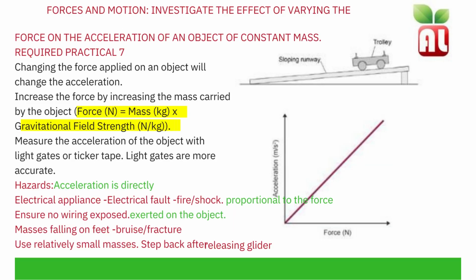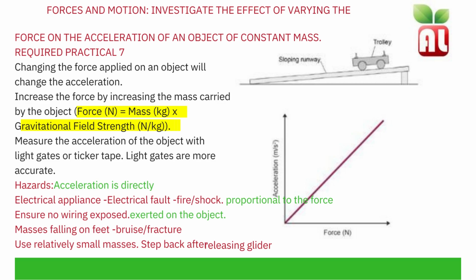Investigate the effect of varying the force on the acceleration of an object of constant mass. Required practical. We will use a trolley and a sloping runway, changing the mass of the trolley by adding masses. In changing the force applied on an object, it will in turn change the acceleration.